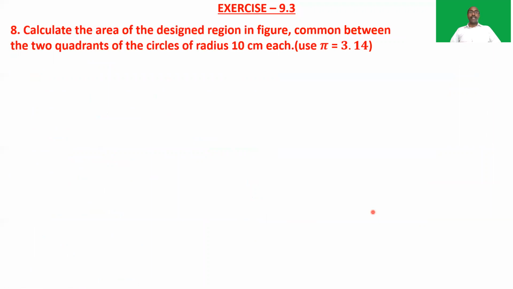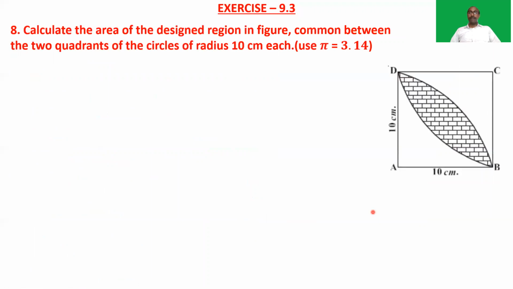Calculate the area of the designed region in the figure common between the two quadrants of circles of radius 10 centimeter each. Here in this picture, ADB and CDB are quadrants of two circles of radius 10 centimeter each.